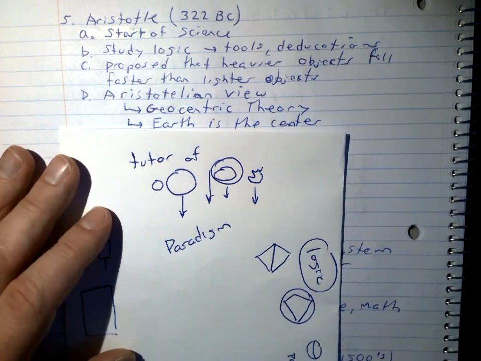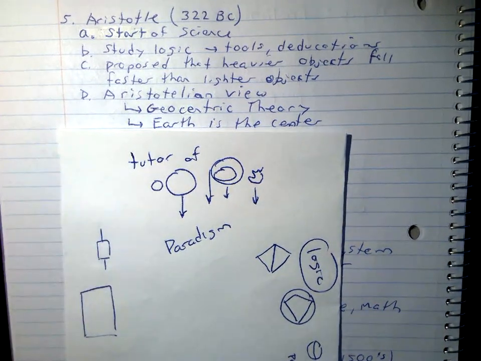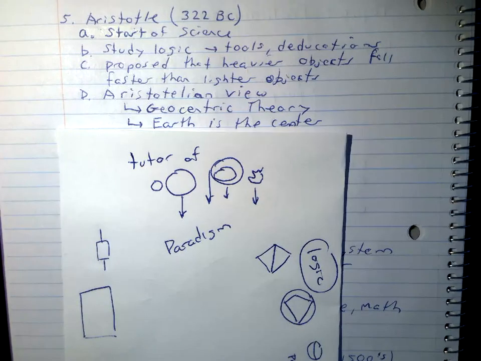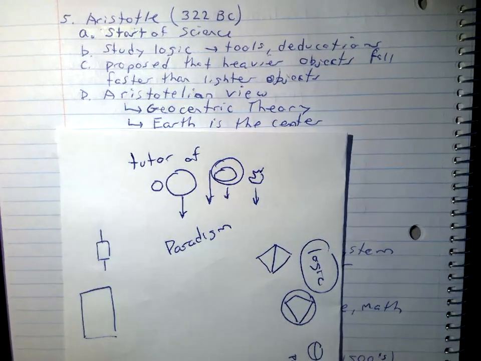It says that we have this geocentric theory, that the Earth is the most fundamental element that we have. It's what we're on right now, so it has to be the most important. So we're going to say that the Earth is the center, and everything else revolves around the Earth. The sun and all the other, I think, four planets were known at this point, if I'm not mistaken: Mercury, Venus, Earth, and Mars.